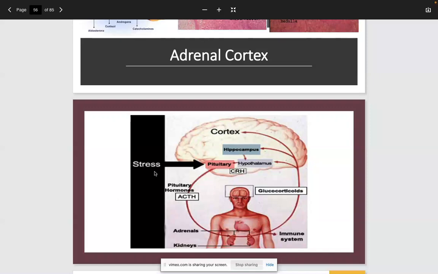So this upcoming exam is going to trigger stress. The stress is going to be perceived by the hippocampus, which is going to cause the release of something called corticotropin releasing hormone. Remember, cortico is similar to cortisol, which is also similar to cortex. So that's an easy way to remember those.